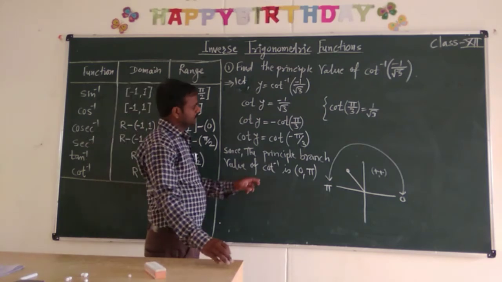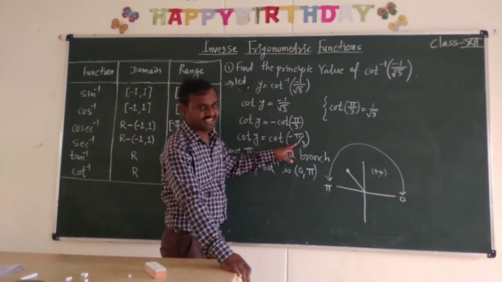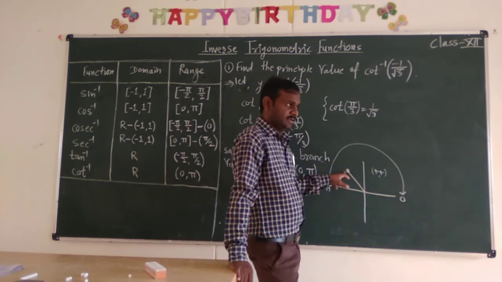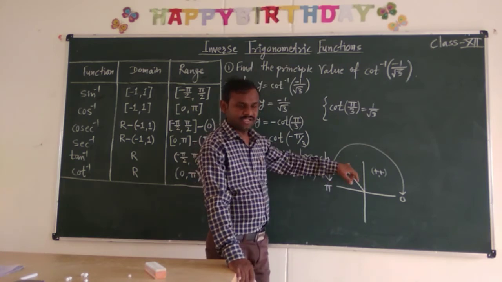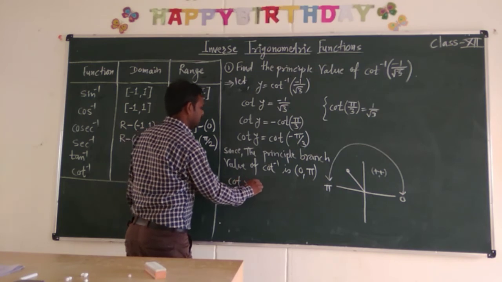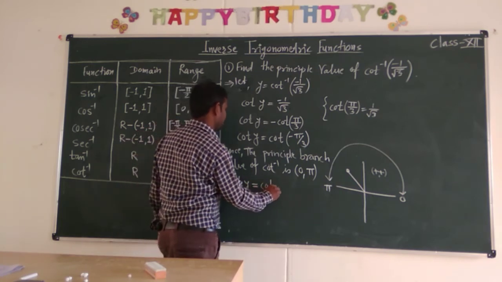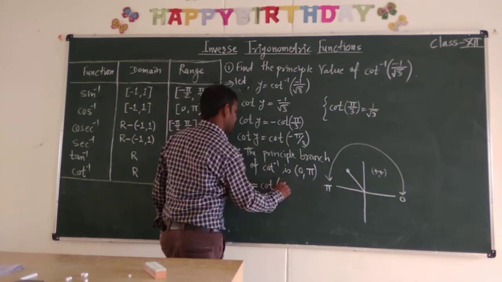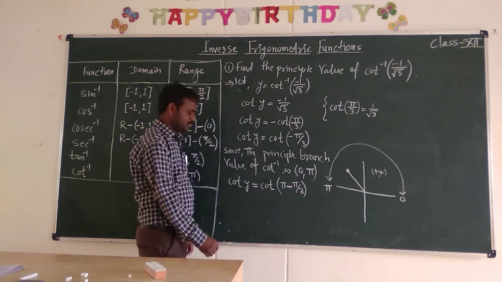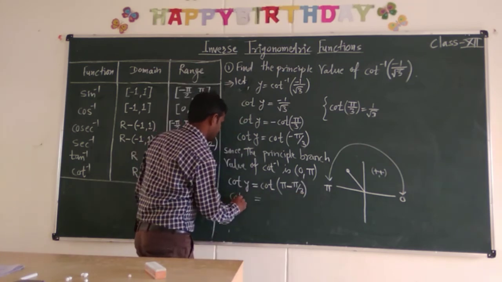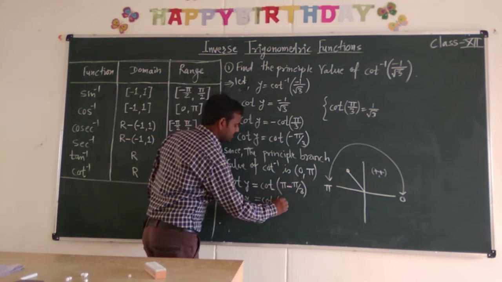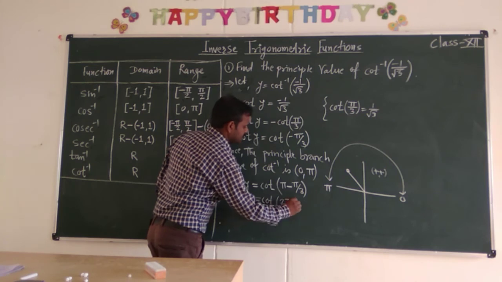Therefore, the value lies in the second quadrant. But the value is 60 degree, that means minus 60 degree. So the value is greater than 90 and less than 180, that means pi. So we write cot y equal to cot of pi minus pi by 3. So we get cot y equal to cot of (3 minus 1), that means 2 pi by 3.